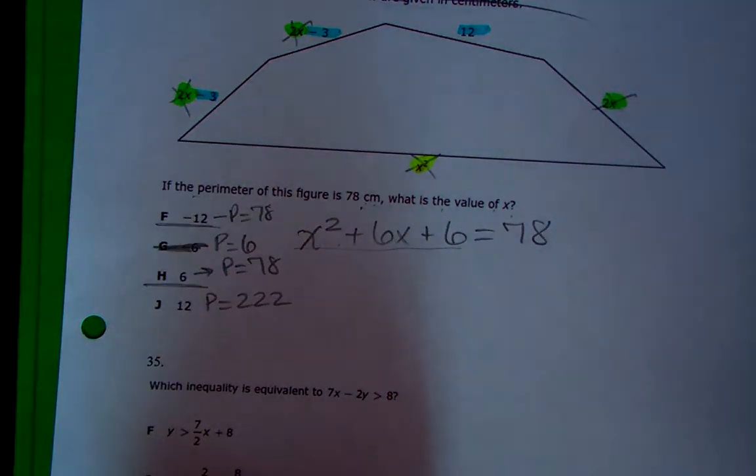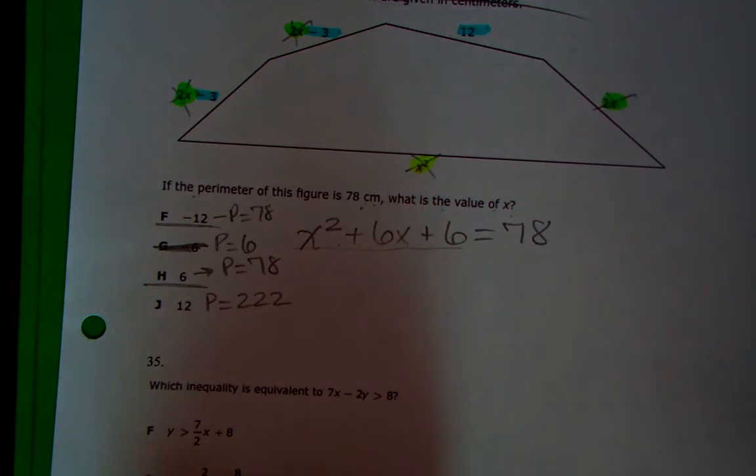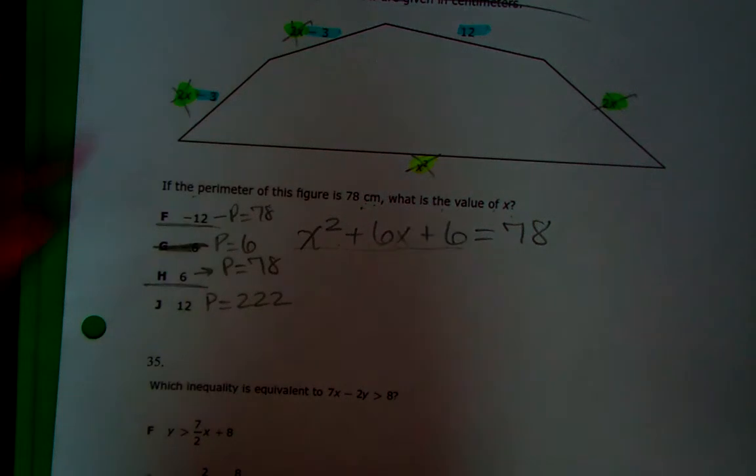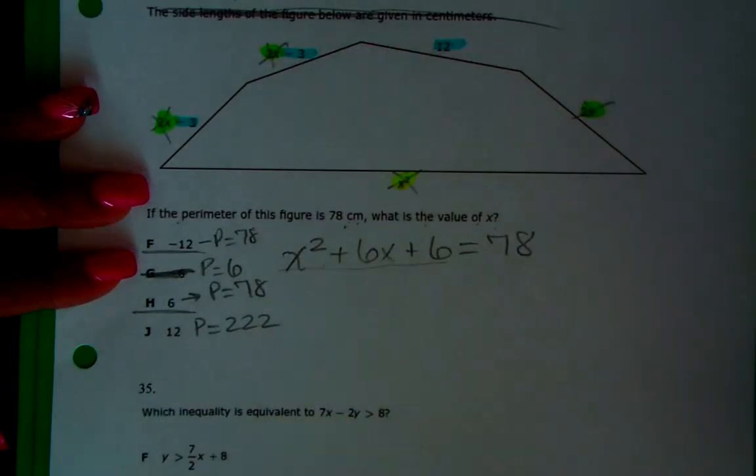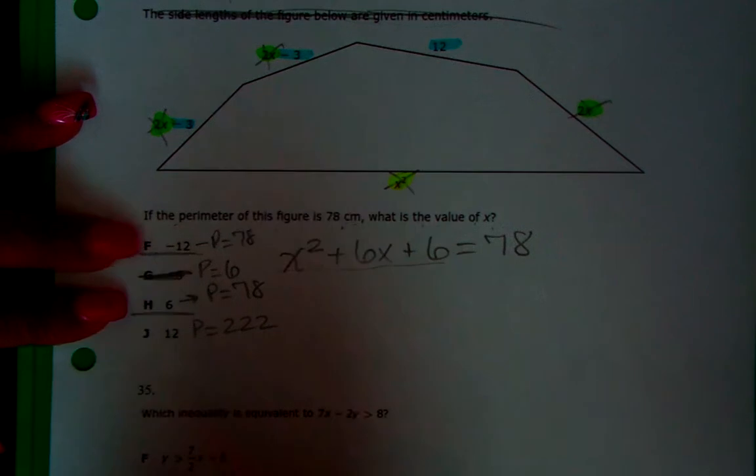So was that a good question? But when you're thinking about length and dimension, do we have negative values? Do you really have negative values? We don't have negative. This is where you use your reasoning, because if you choose F, you're going to be wrong.